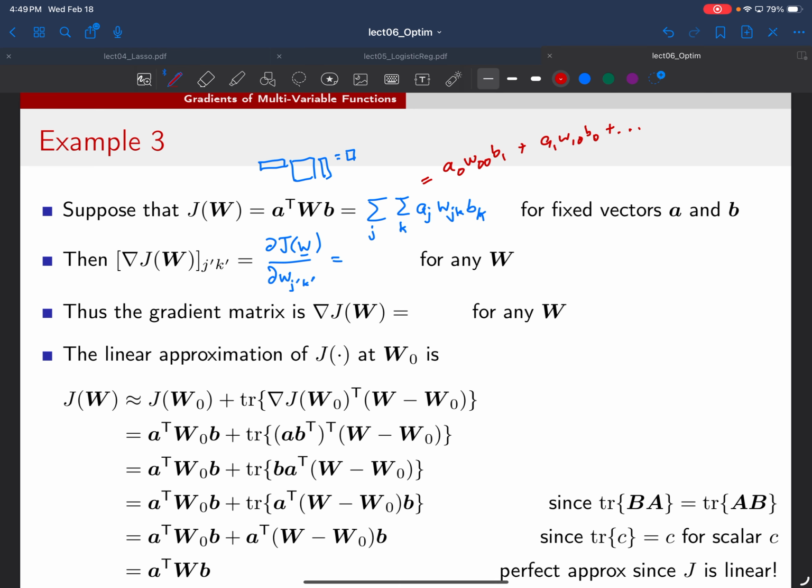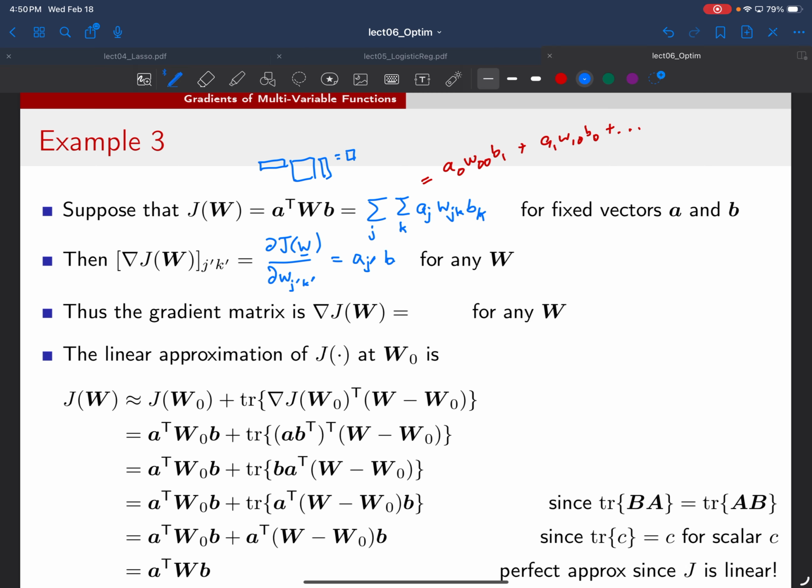Well, okay, so for example, let's look at this. Imagine I was taking the gradient with respect to w 0, 0. What would I get? Or a0 real. Yeah, exactly. Okay, so over here, we have A, and what's the index on A? J prime, right?